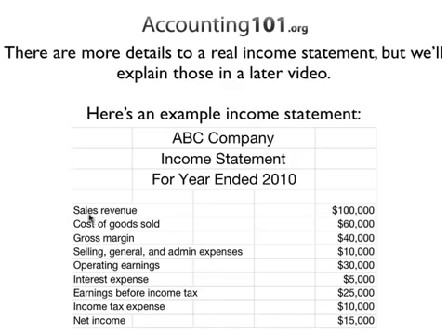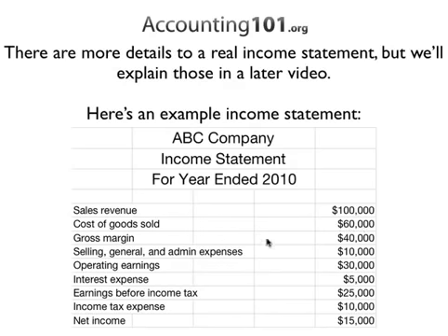And so at the top, you always have sales revenue. And in this example, it's $100,000. The cost of goods sold, that's how much it costs you to produce the goods. So, if you were selling baseball bats, this would be the cost of the wood, and the cost that you incurred cutting the bats out of the blocks of wood and sanding them down, or whatever it takes to make a baseball bat.